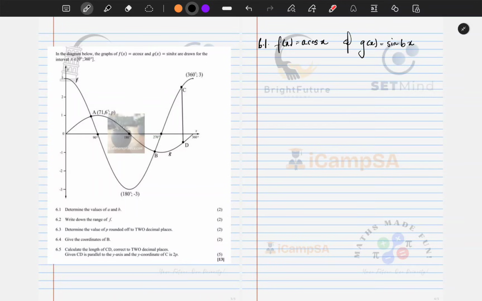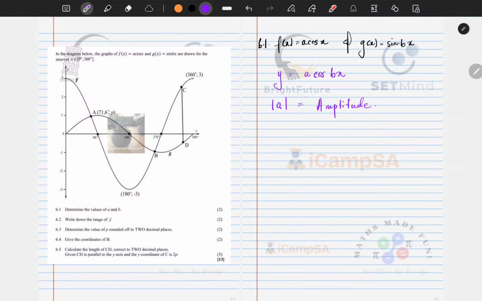What we have here, you need to remember your standard form: if you have y = a cos bx, a is usually your amplitude, so the absolute value of a is what you would call your amplitude.